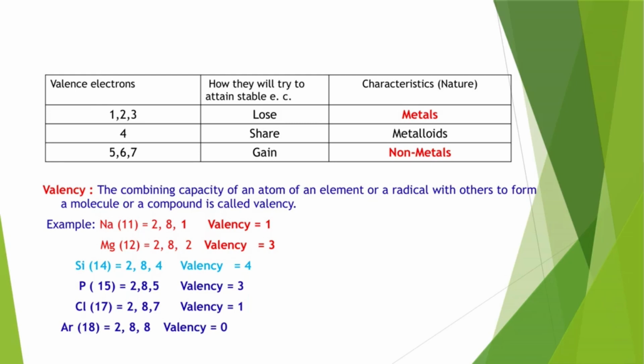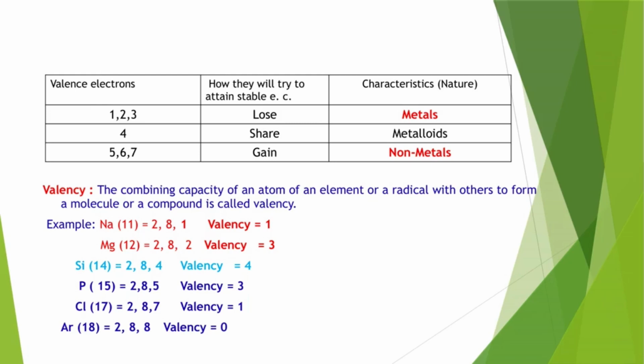And similarly, those elements which are having 5, 6 and 7 valence electrons in their outermost shell cannot lose electrons, because to have a stable electronic configuration they need 8.